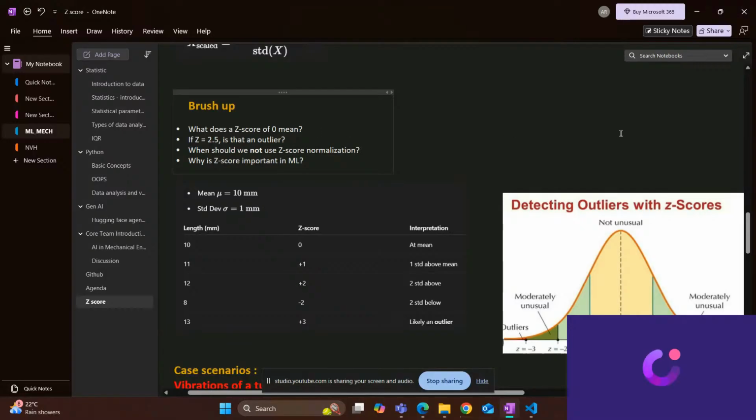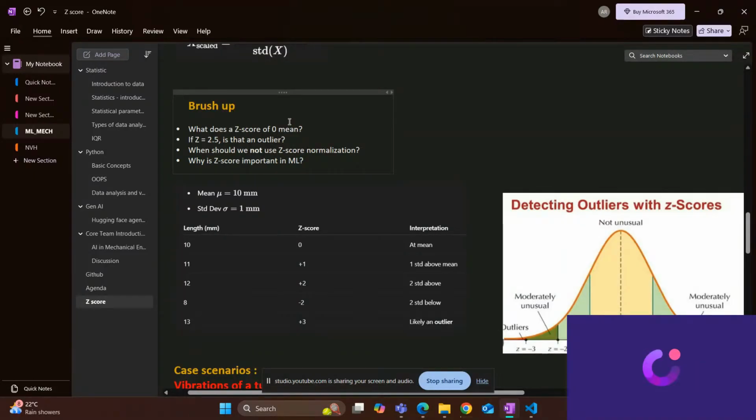What would that mean? Any idea? That would mean that on average, the diameters are around 10 mm when Z score is zero.